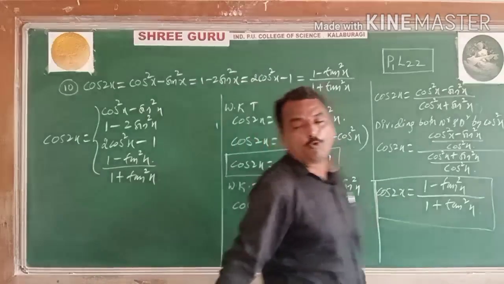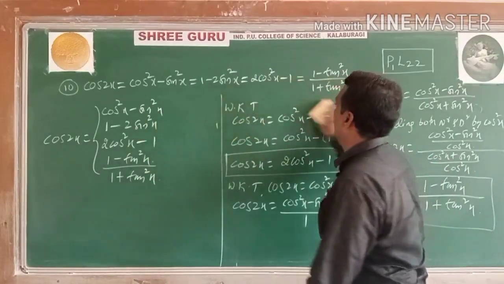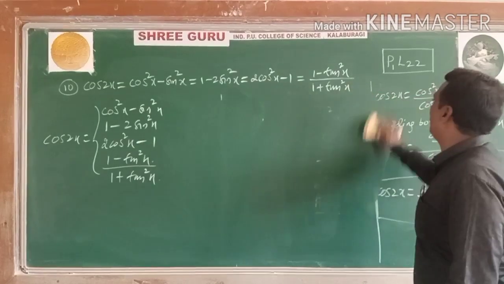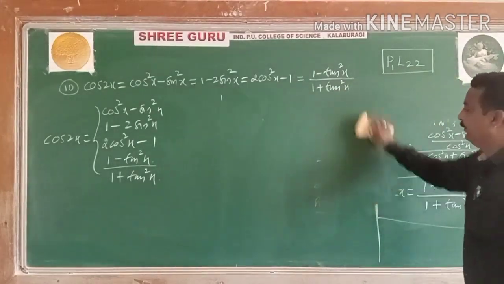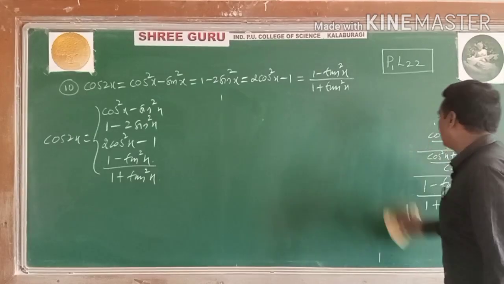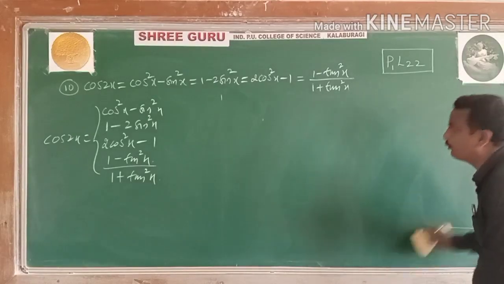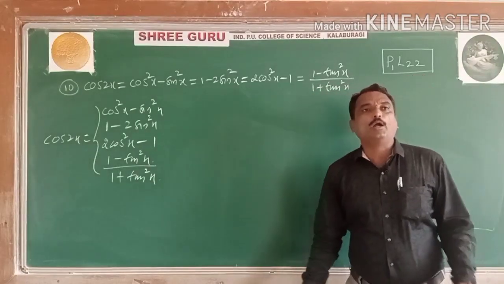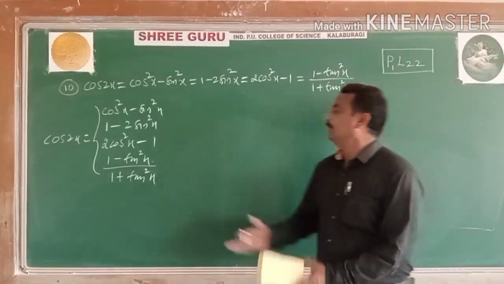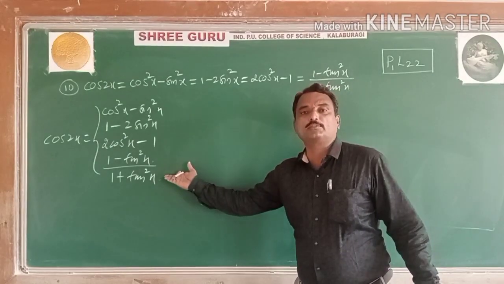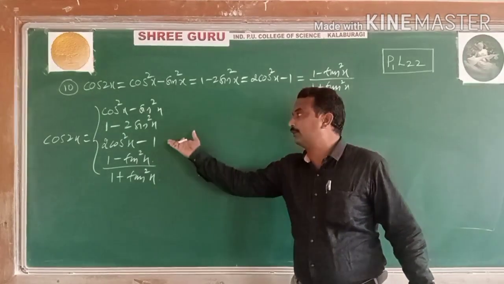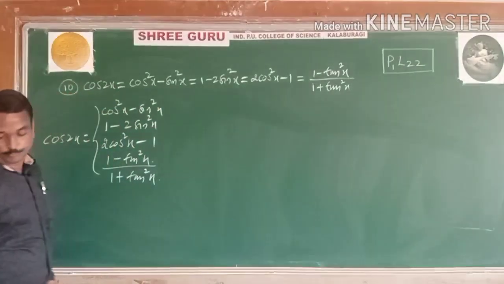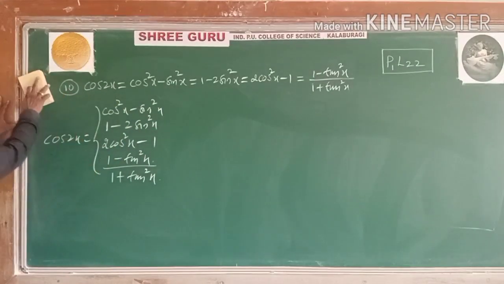So these are the 4 results of cos 2x. These are the formulas. According to your need, you may substitute any of the 4 formulas, depending on what is given and what you have to calculate. Sometimes you may have to convert in terms of tan, or in terms of cos, or in terms of cos and sin. So these are the 4 results of cos 2x.